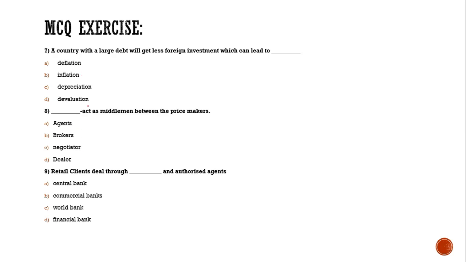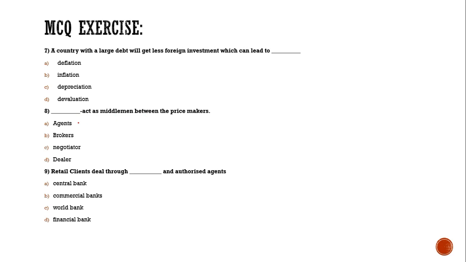Again, there are three questions. Number one, a country with a large debt will get less foreign investment, which can lead to dash. Options are deflation, inflation, depreciation, and devaluation. The next one, dash acts as a middleman between the price makers.